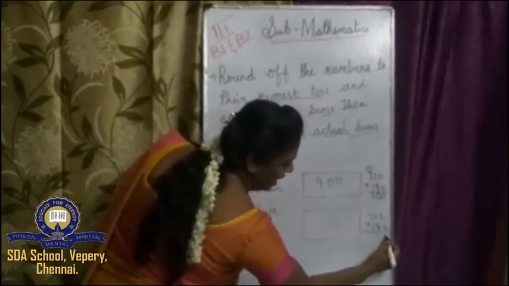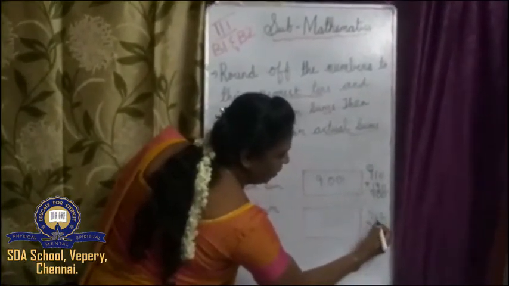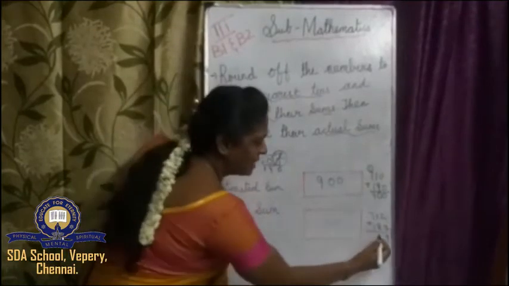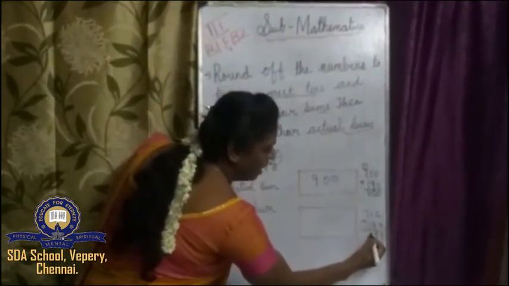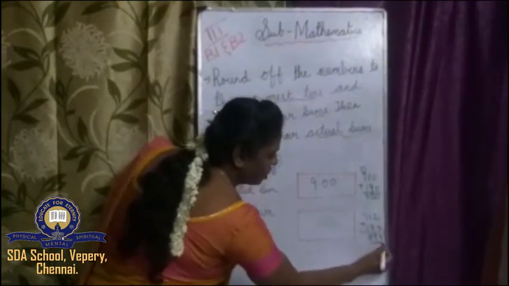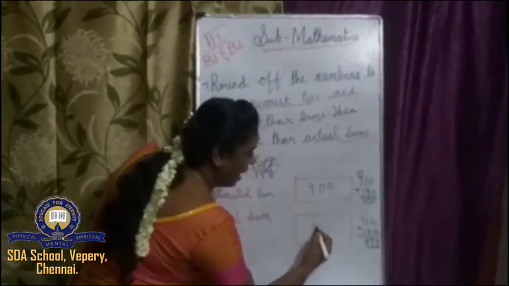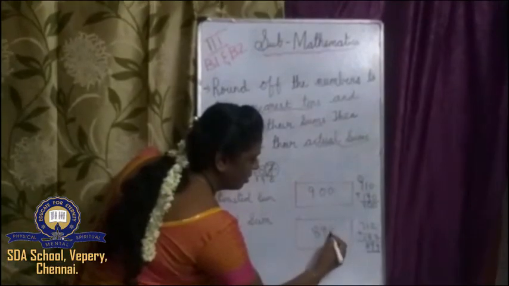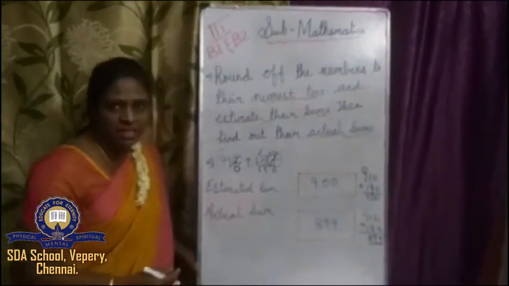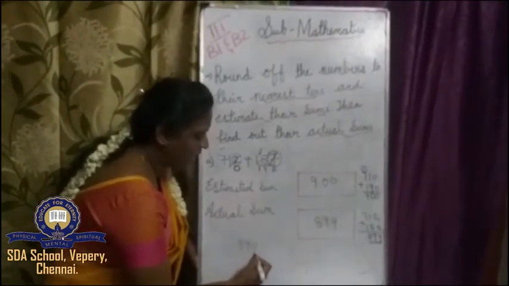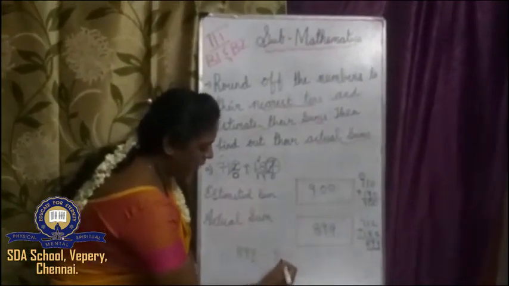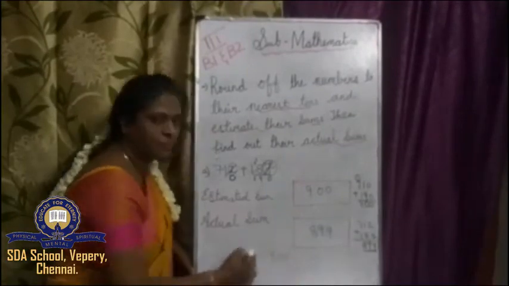It's 9. 1 plus 8 is how much? It's 9. Now 7 plus 1 is how much? 8. So this is the actual, 899. Children, did you understand? So when you round off 899, it will become 900.